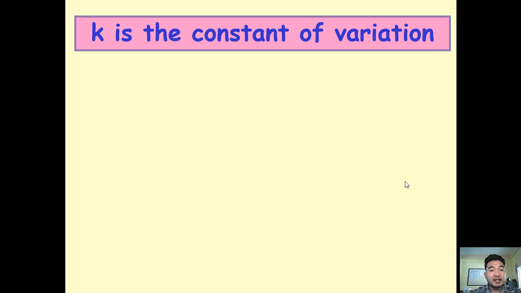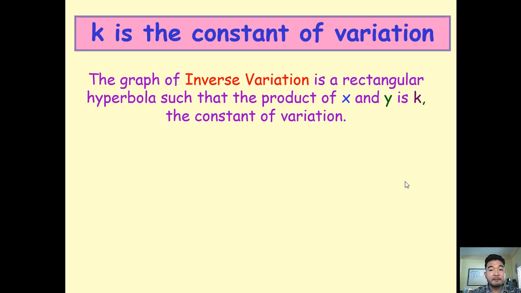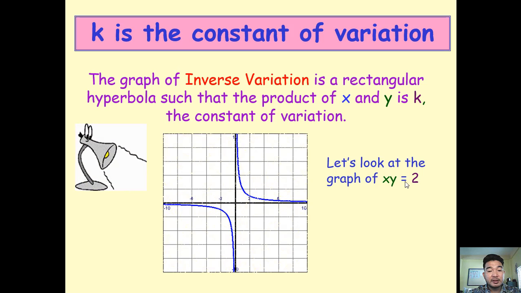How about k for the inverse variation? The graph of inverse variation is a rectangular hyperbola such that the product of x and y is k, the constant of variation. Let's take a look at the graph of xy equals 2. There you go.